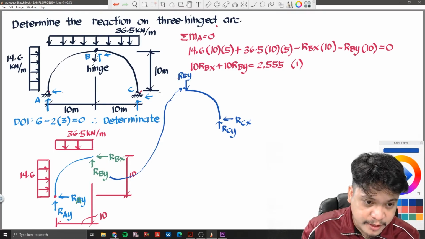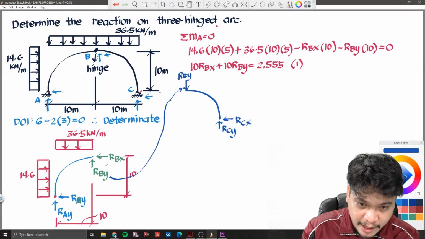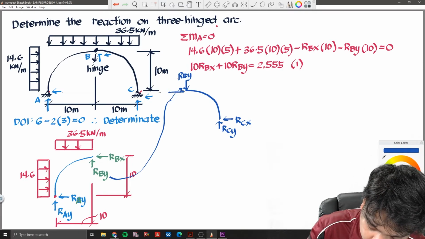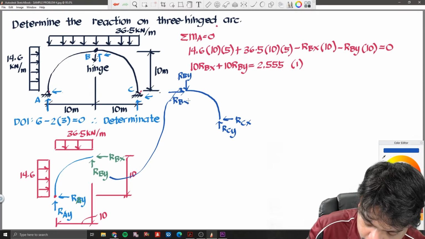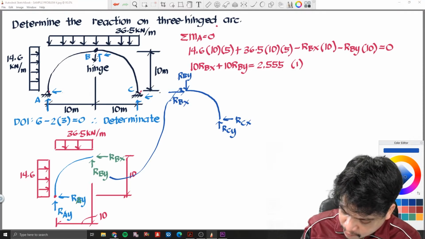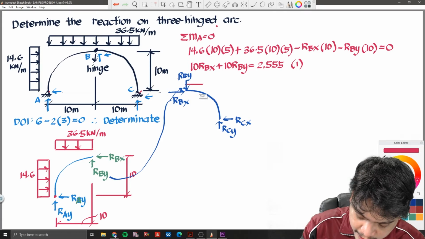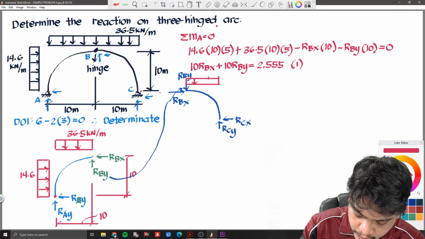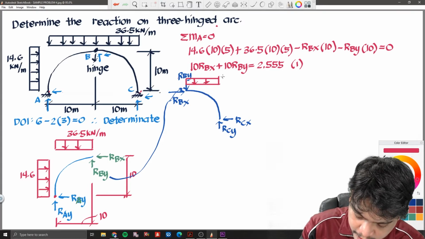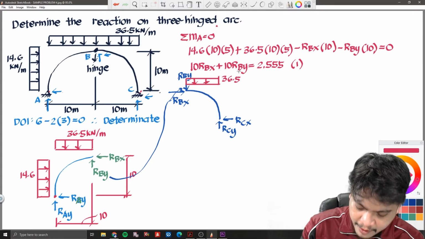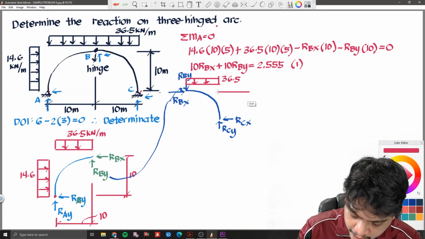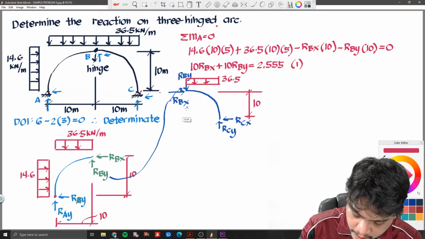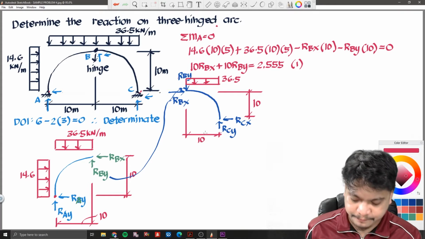And then, if this one, yung RBX mo, is to the left, pagdating dito, to the right naman siya. So, that is your RBX. And of course, we still have the loading. So, yung loading natin, horizontal loading na lang siya. So, that's 36.5, and then, again, its distances would become 10, and this one is also 10.